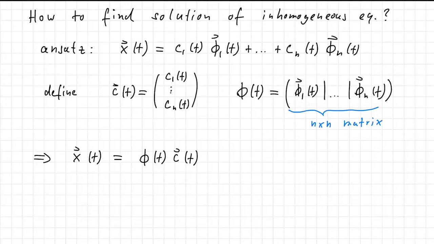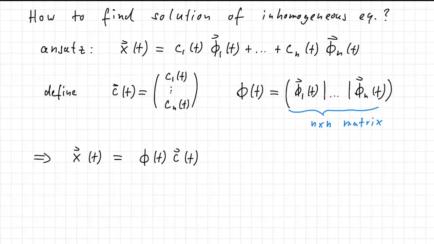Then it's easy to see that we can write x of t as a product of a matrix times a vector, because then we get c1 times phi 1 of t, c2 times phi 2 of t, up to cn times phi n of t. It's just a nice and compact notation that will make life easier.